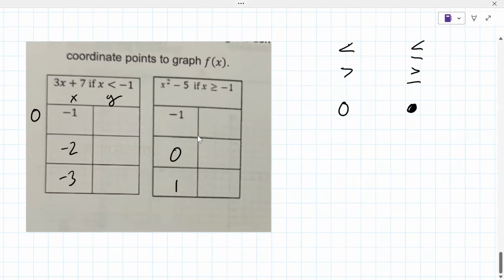Yeah, okay, that makes sense. So go ahead and fill in that table for us, please.